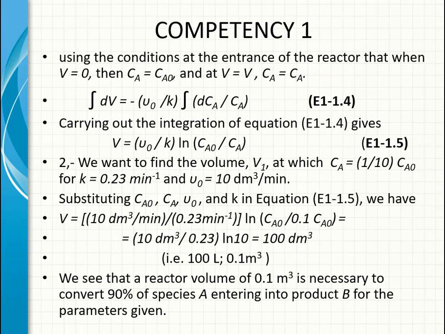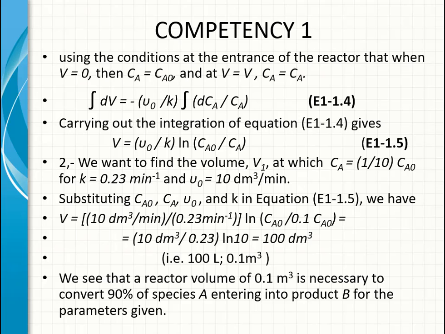And here again, we see that the volume of this reactor is given by the equation that V equals the volumetric flow rate divided by K times the natural log of CA0 divided by CA.